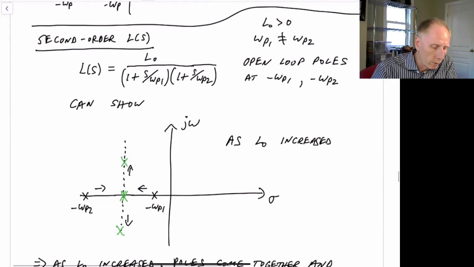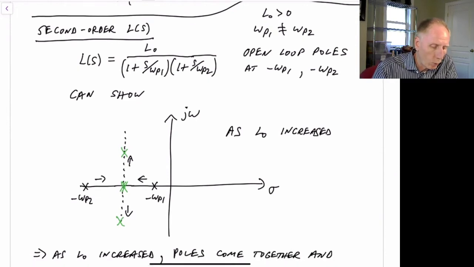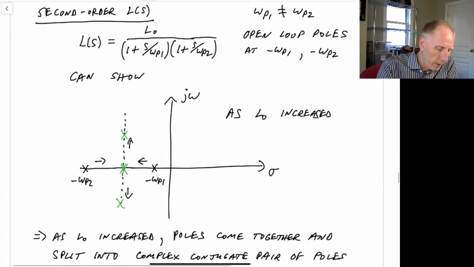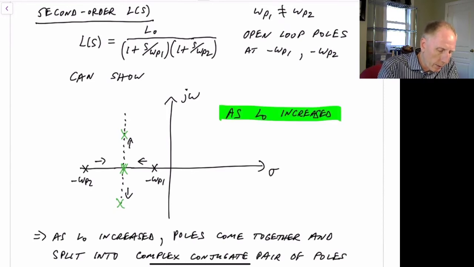Now we can show that if we put this into 1 plus L(S) equal to 0 and find the roots, then for L naught equal to 0, the poles would just remain at these two original locations.